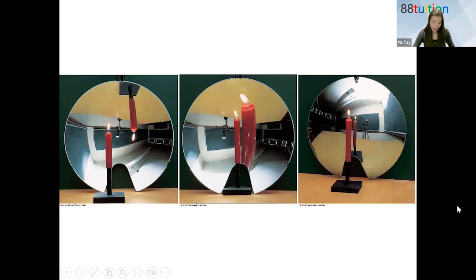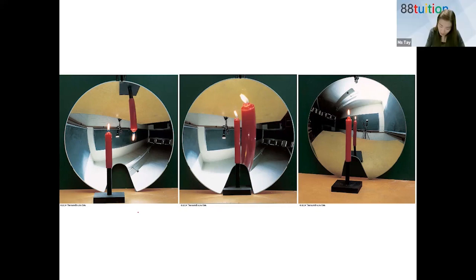So this one is an interesting example. Look at the 3 images. Will you be able to tell me which one is actually concave, which one is actually convex? Did you want to try? The first one is convex. The second one is concave.